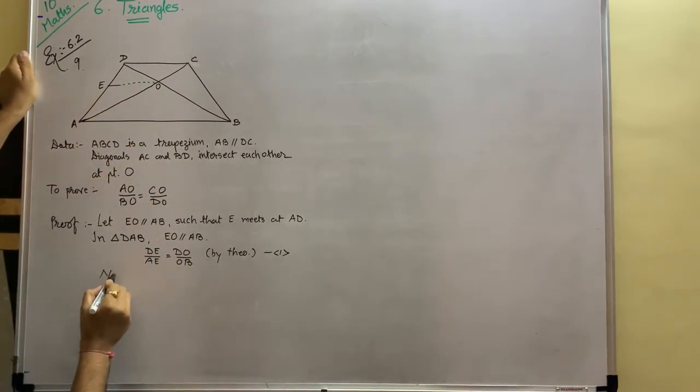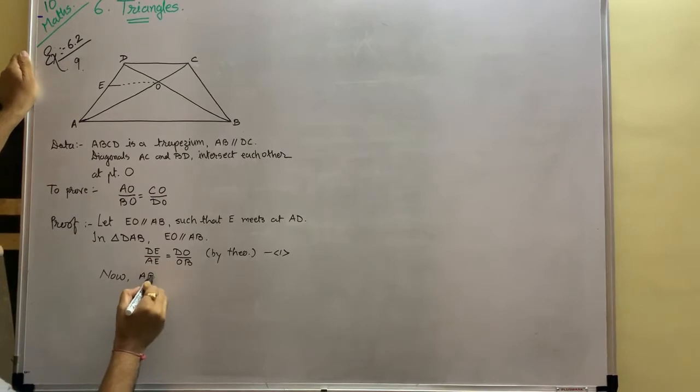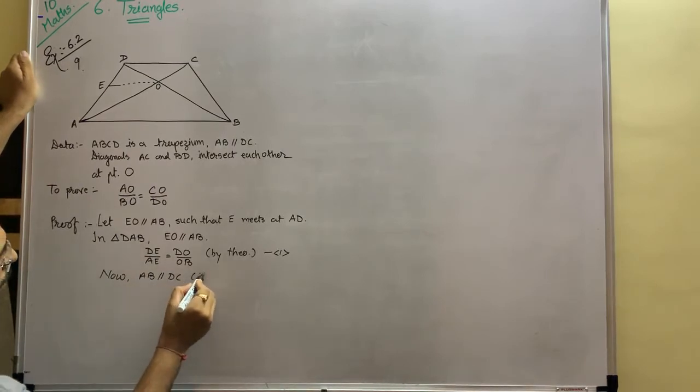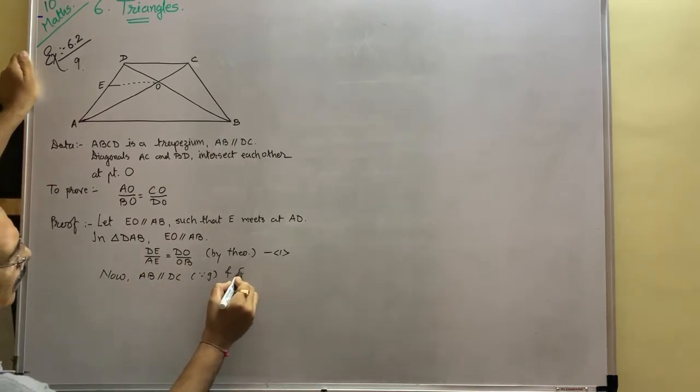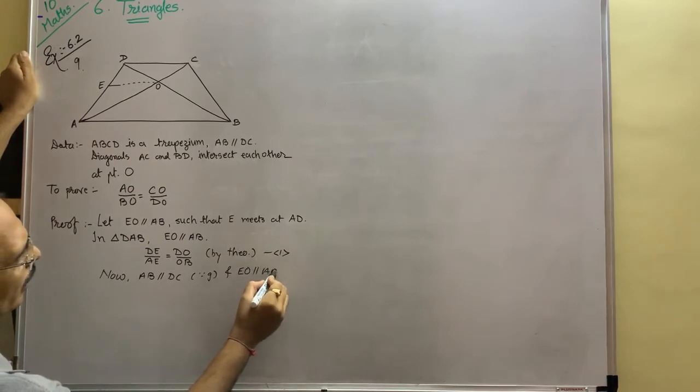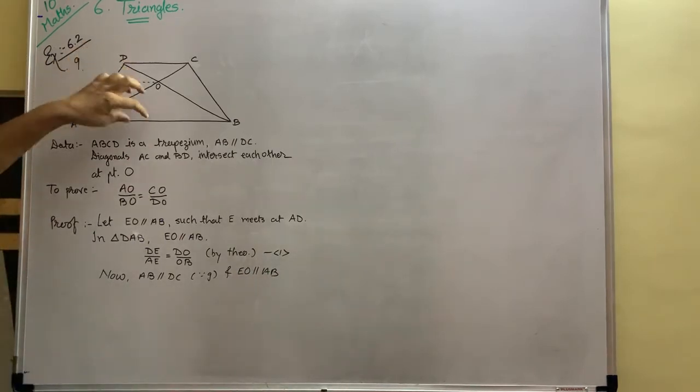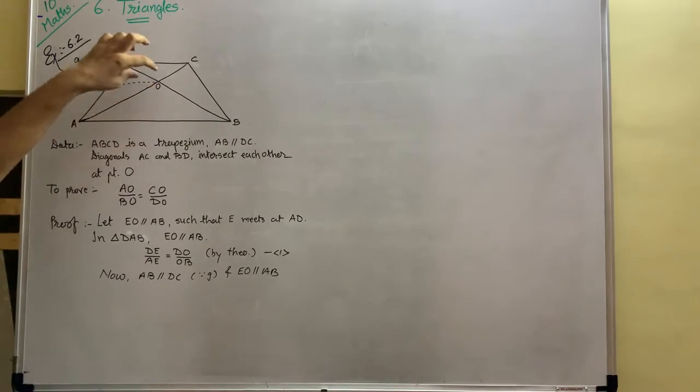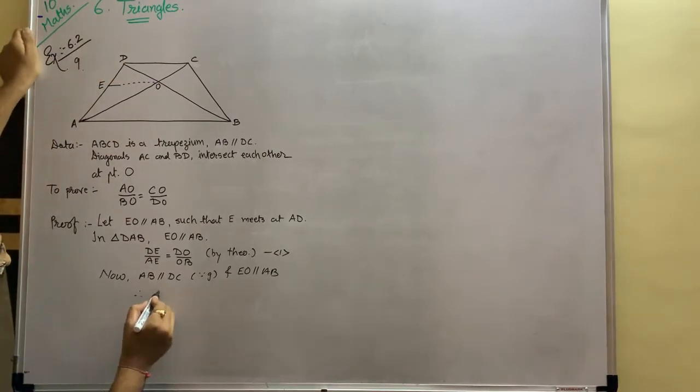Now, AB is parallel to DC given, and EO is parallel to AB, but AB is parallel to DC, so EO is also parallel to DC.